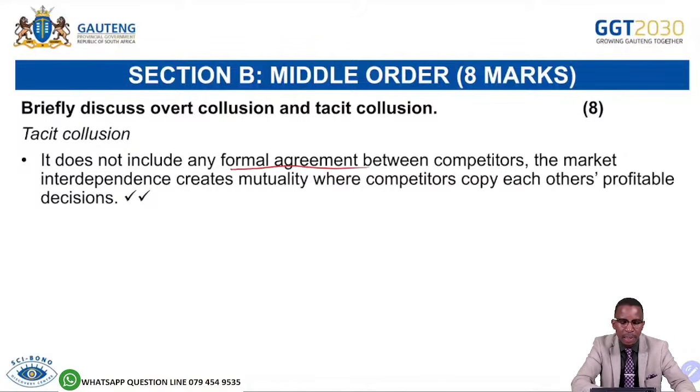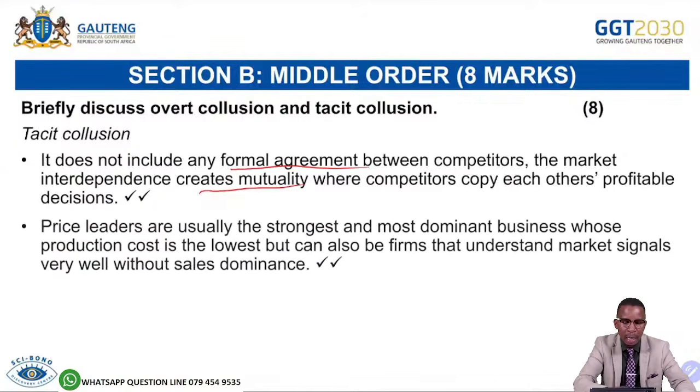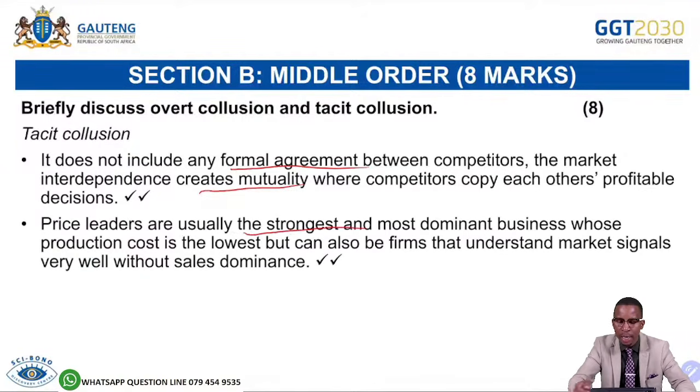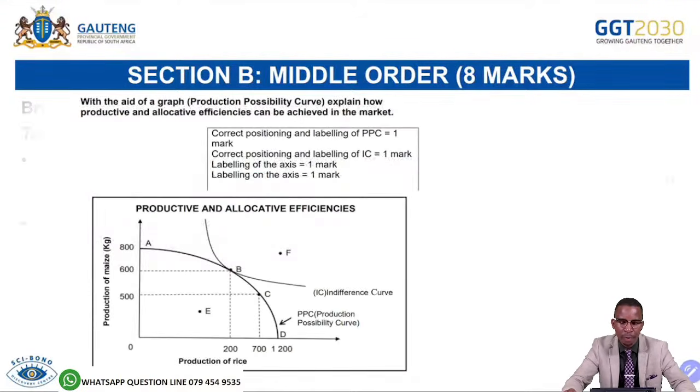The market interdependence creates mutuality where competitors copy each other's profitable decisions without any formal agreement. Price leaders are usually the strongest and the most dominant businesses whose production cost is at the lowest, but can also be firms that understand market signals very well without sales dominance. This was explained even before.